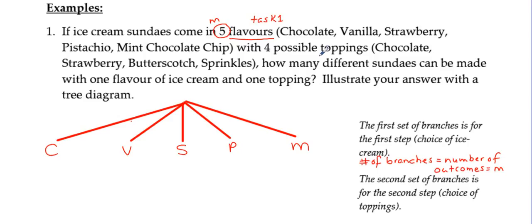The second task is choosing which topping you would like. So that is task 2. And since there are 4 possible toppings, that is your value of n. So for 4 possible outcomes, on each of these branches, we are now going to add 4 branches on the second level, 1 for each type of topping.